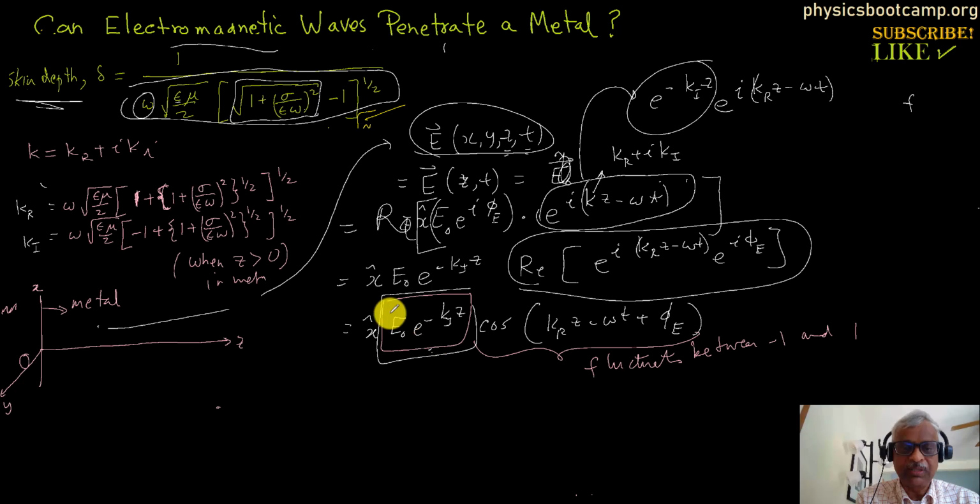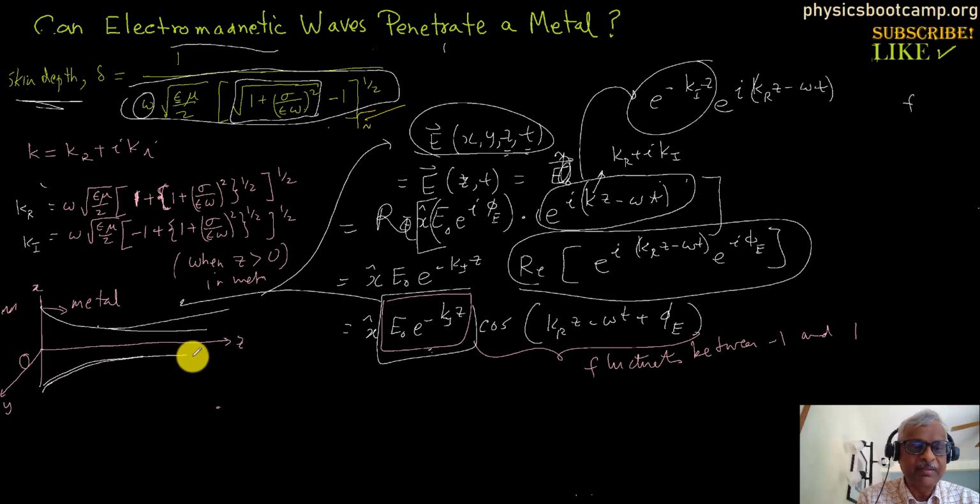If you just look at that, that's the envelope. So if it's 1 here, it becomes 1 over e at some distance.